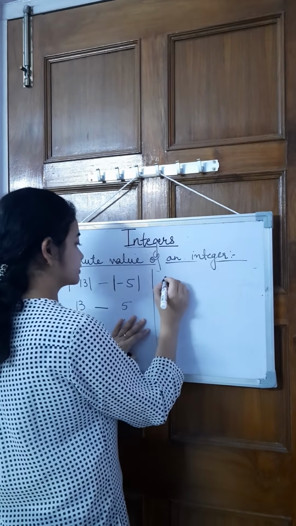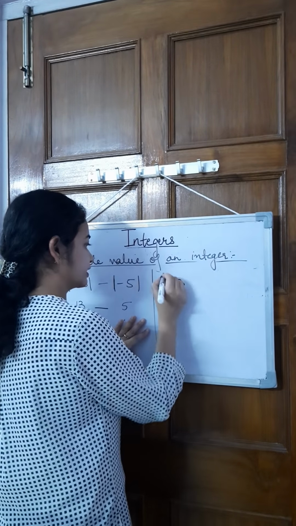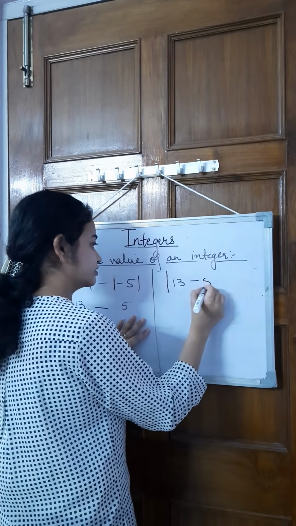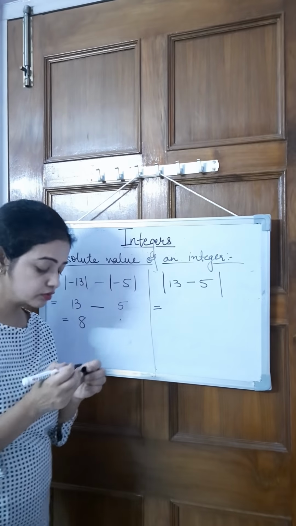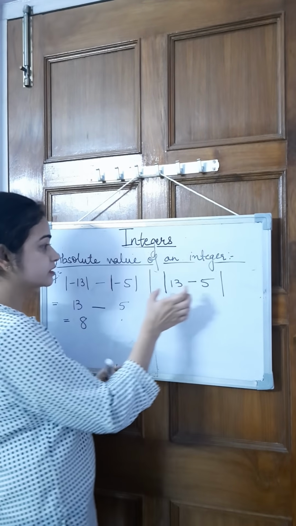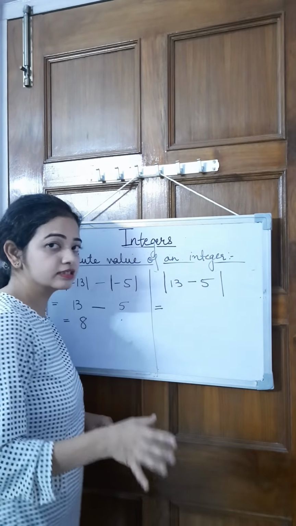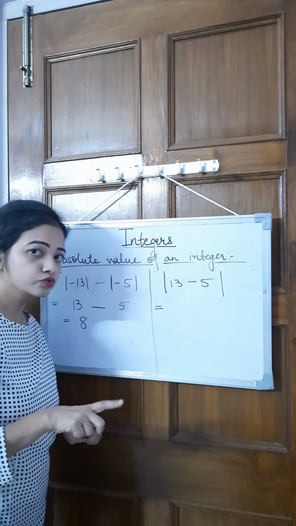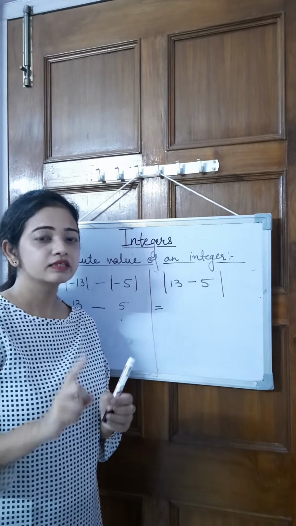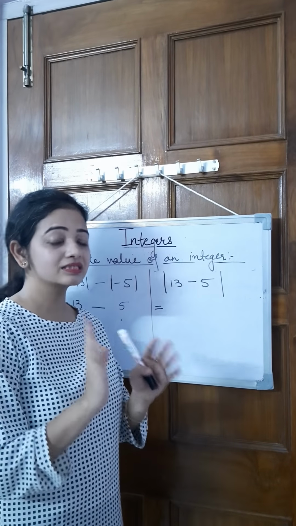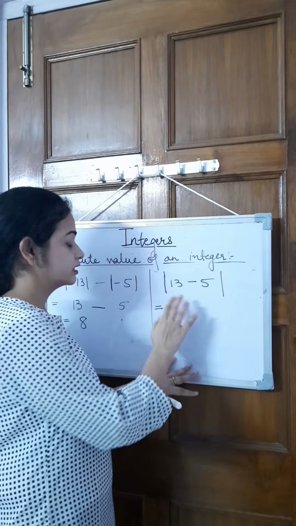Now let's take this example, where I am writing the absolute value and inside it two numbers. When you write two numbers, you cannot take them out of this sign. You have to solve it and convert it into a single number, not digit, single number.